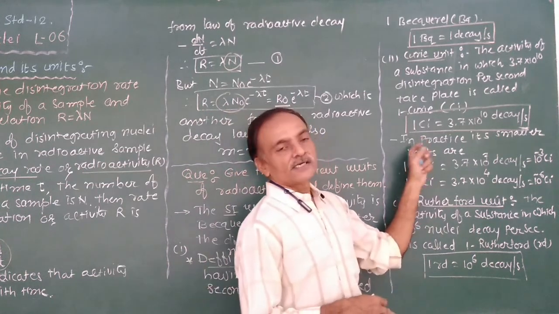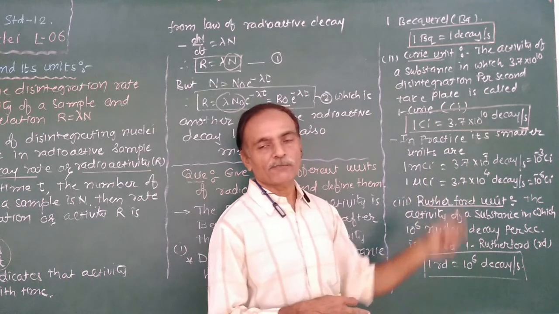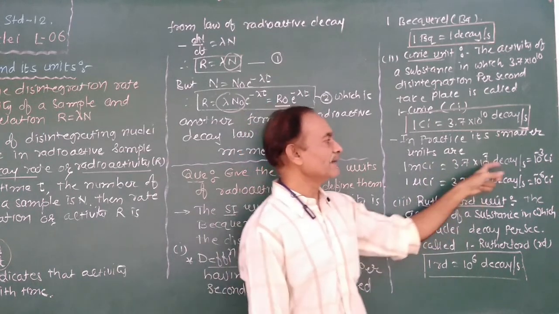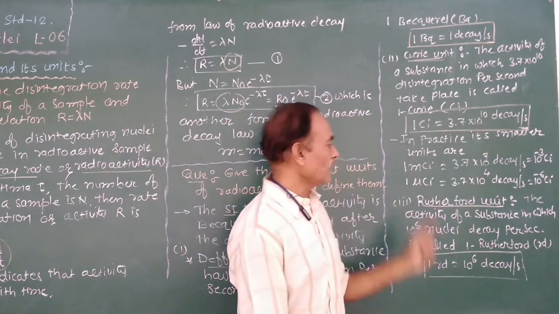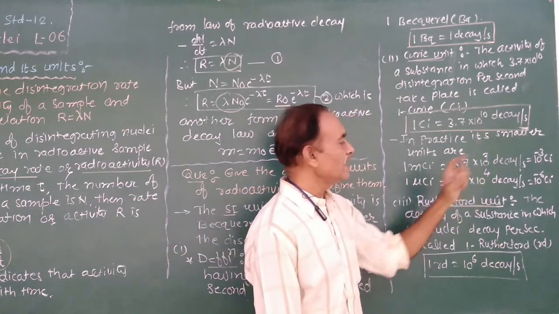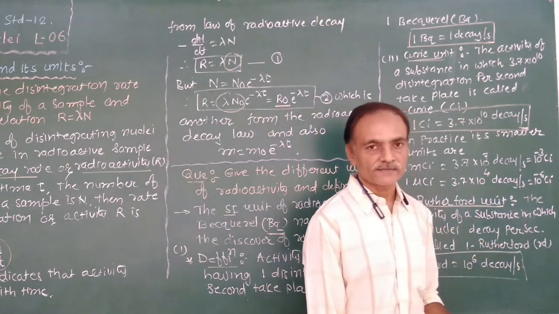Now the smaller units of Curie are 1 milliCurie, 3.7 × 10⁷ decay per second, that is also 10⁻³ Curie, and 1 microCurie, 3.7 × 10⁴ decay per second or 10⁻⁶ Curie.